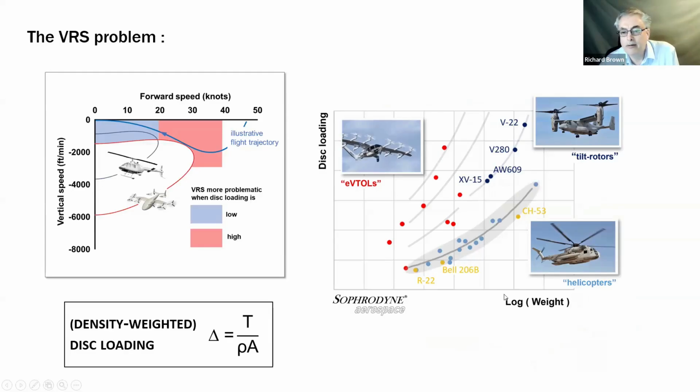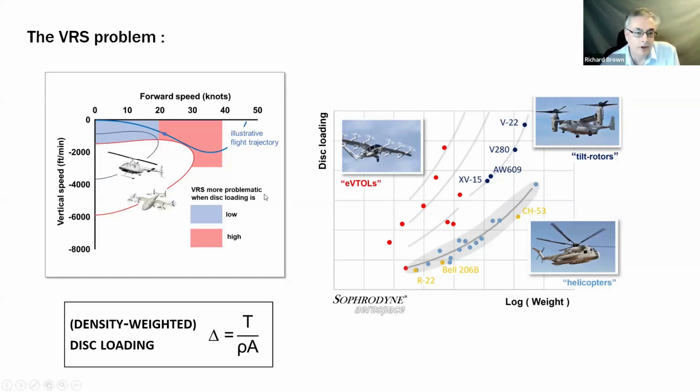If you plot this diagram for various typical vehicles, you can see that conventional helicopters all lie down here, in a very well-defined curve, while the eVTOL aircraft currently about tend to scatter themselves with a much higher disk loading for a given weight than conventional helicopters.